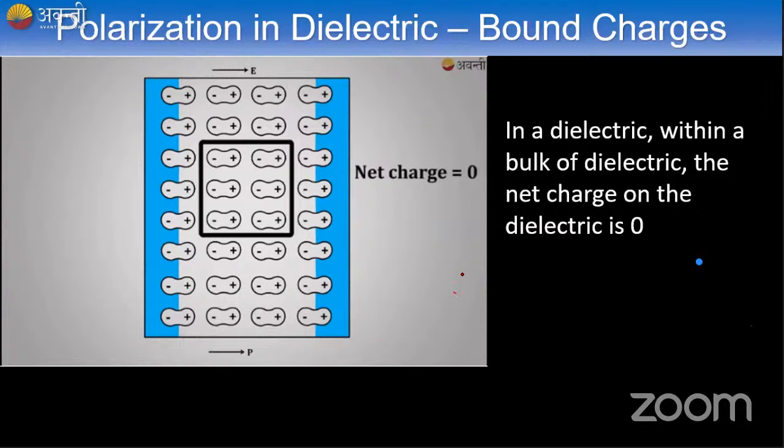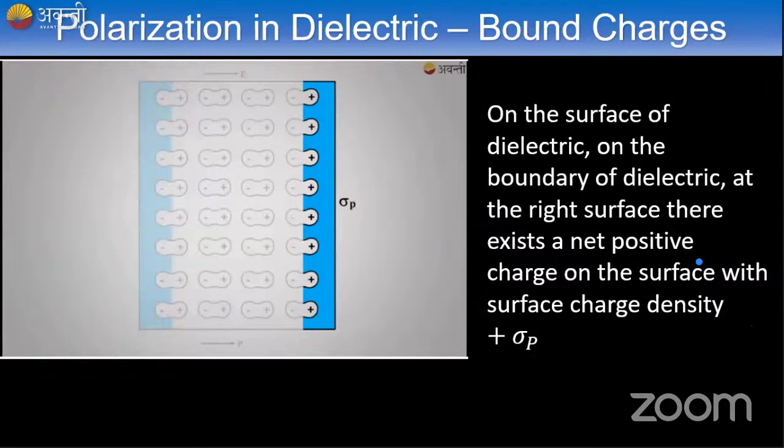Now, if you check the boundary conditions only on the surface, on the rightmost surface of the dielectric, what's happening? There exists a net positive charge only. The net dipole moment inside would be P, but the net charge inside the dielectric medium is zero.